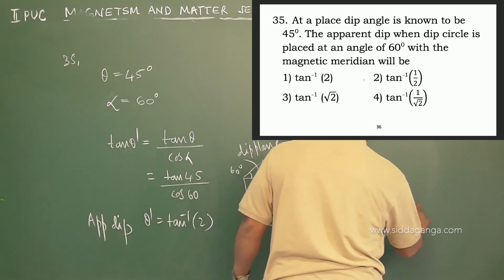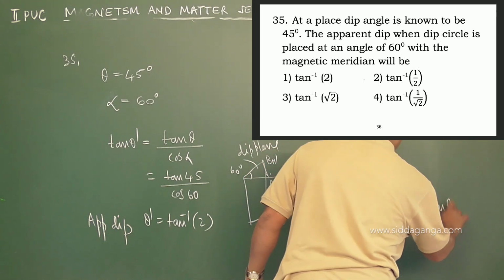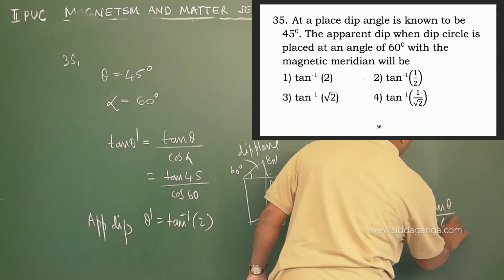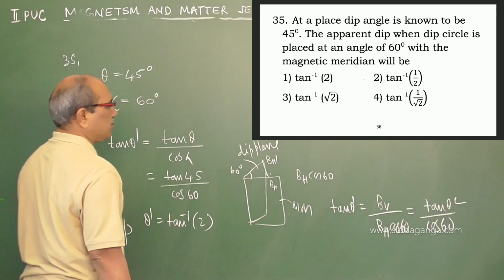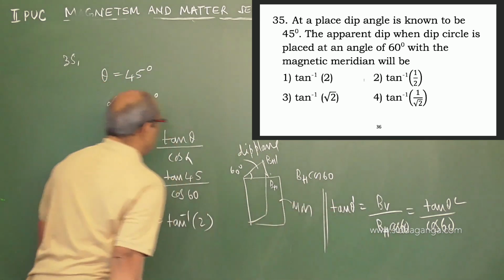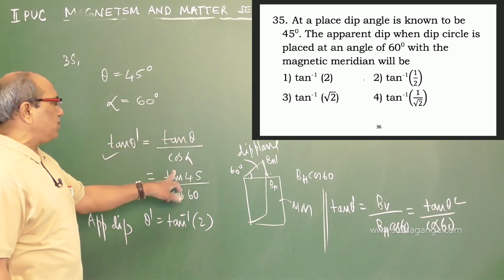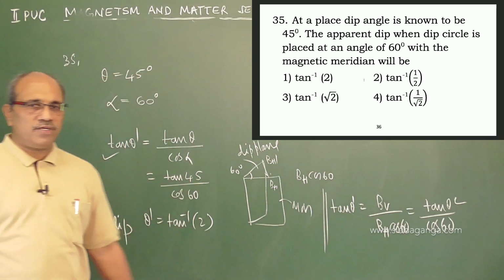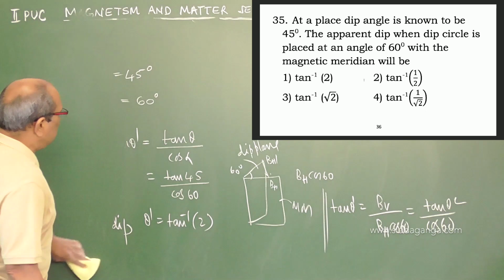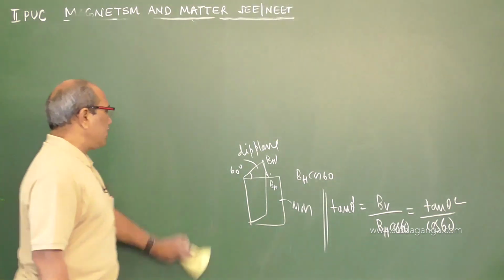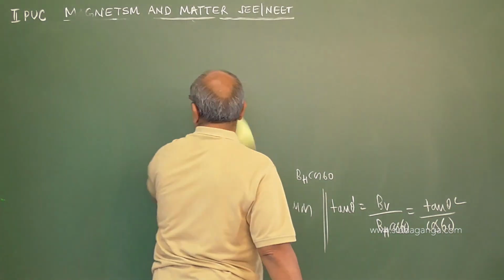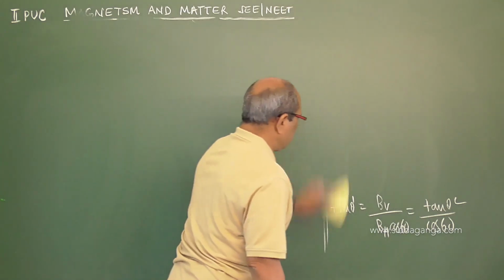Apparent dip is tan theta by cos 60. If you forget, I have given you this equation, or if you know it directly, you can write it. Apparent dip is true dip by cos alpha, where alpha is the angle between the magnetic meridian and the dip plane.